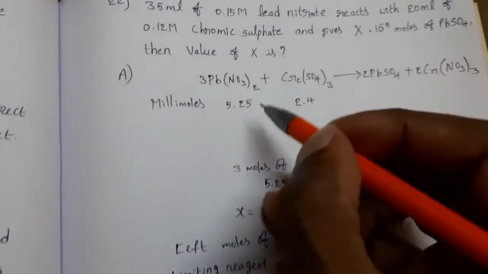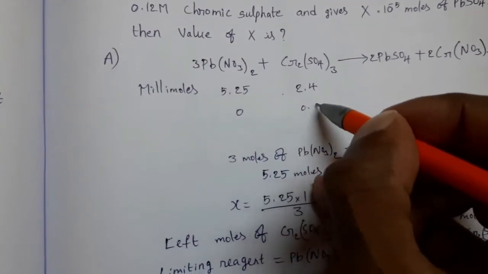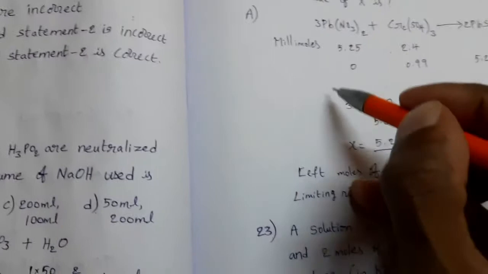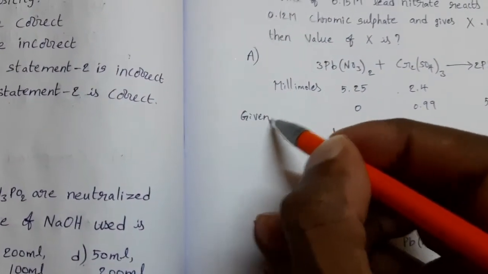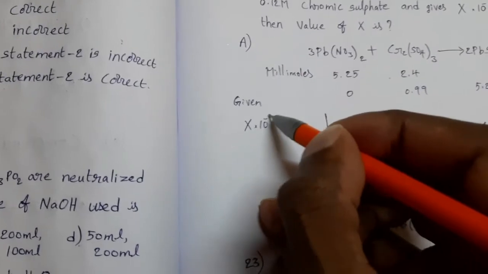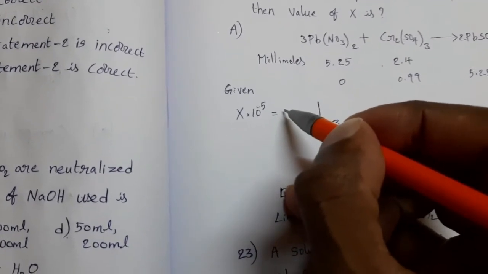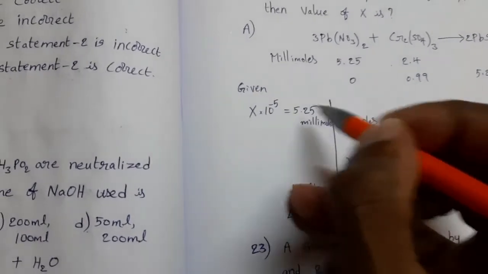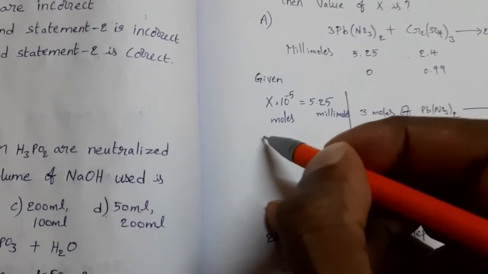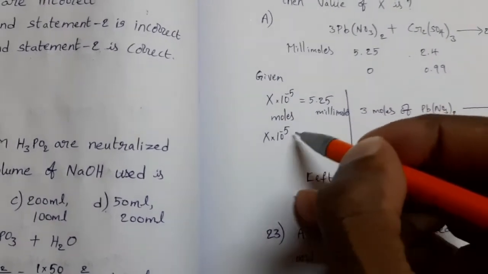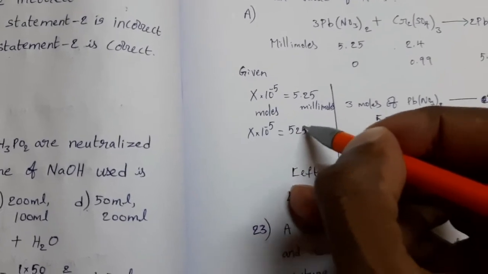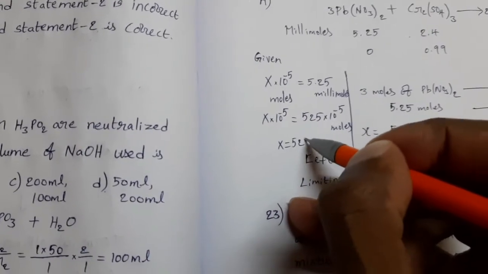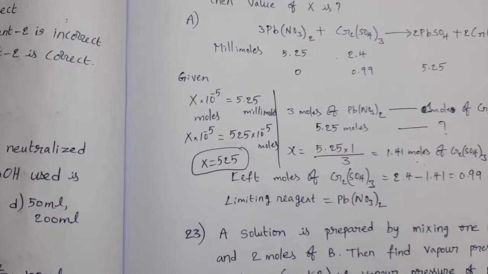Here 5.25 millimoles of lead sulfate is formed. The given data is x into 10 power -5 moles of lead sulfate. That means 5.25 millimoles equals 525 into 10 power -5 moles. So x into 10 power -5 equals 525 into 10 power -5 moles. Then x equals 525. So the answer is 525.